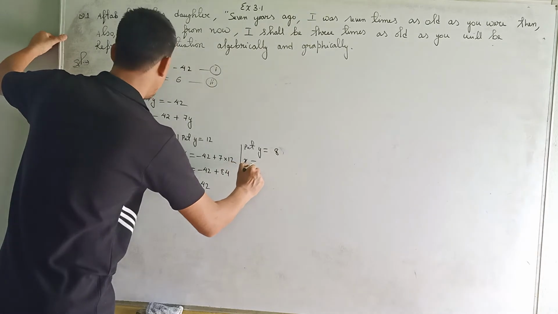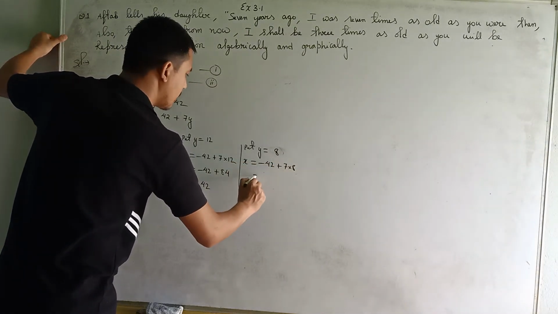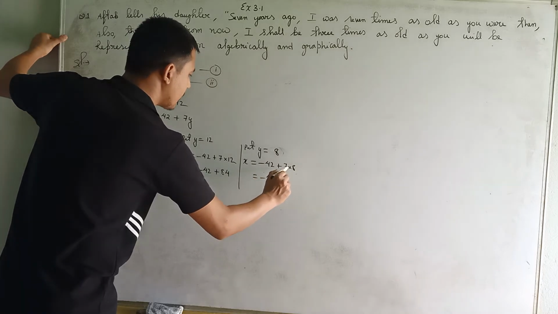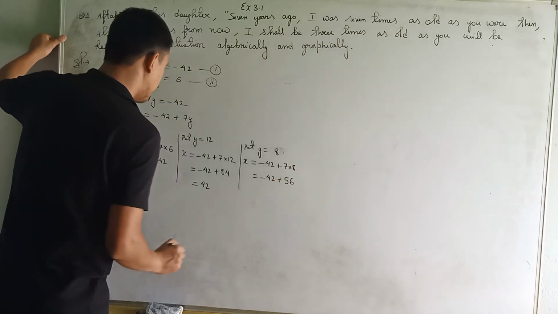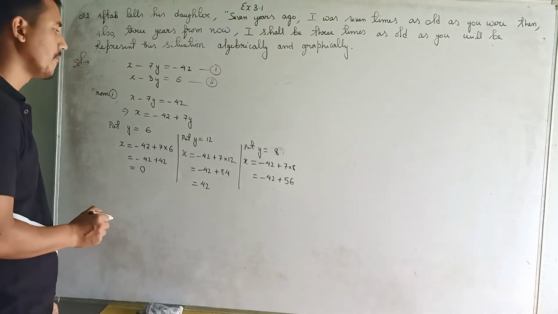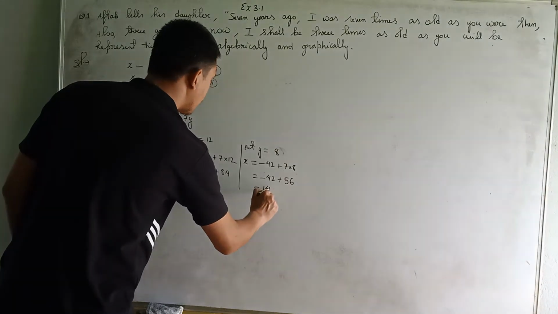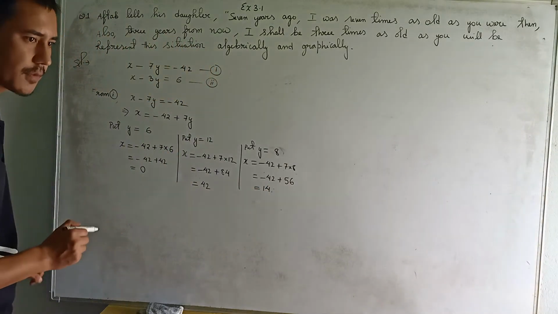So your x will be equal to minus 42 plus 7 into 8. Minus 42 plus 7, 8 times is 56. What is 56 minus 42? So 3 values are enough.